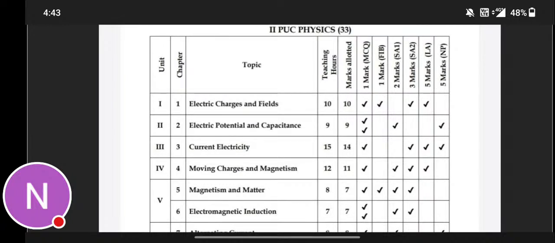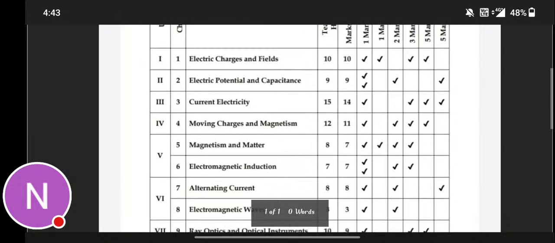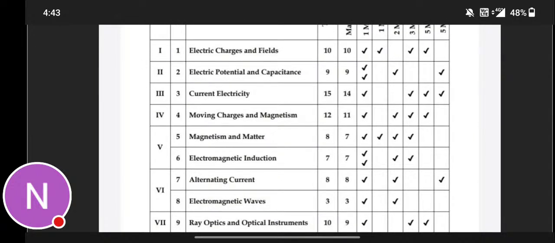If you study electrical charges and fields, that is 10 marks you may get. And let's take some easy chapters like current electricity, 13 marks they may ask. Let us take 10 for electrical charges and fields. They are asking 9. You will get 20, 13 plus 9. That is, you will get 22 marks here only, if you study current electricity and electrical charges and fields very perfectly.